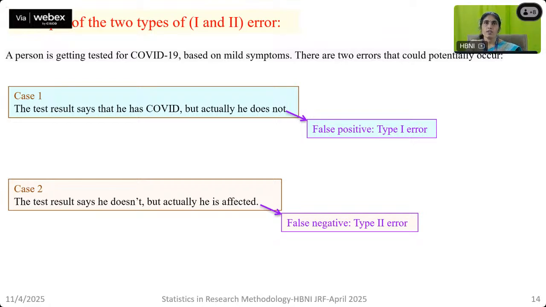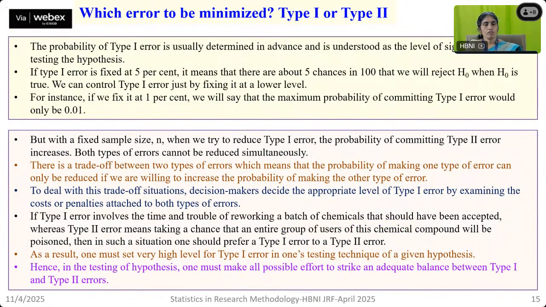It all depends on the case, where you have to take a decision. If it is a general statement, you can say let us have the minimum possible total outcome of alpha plus beta. So which error should be minimized, type 1 or type 2? As I told you repeatedly, it depends on the case.